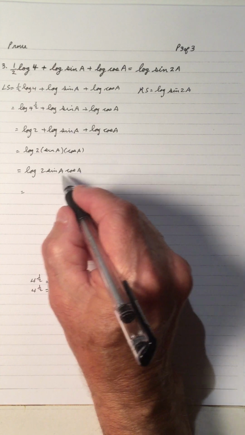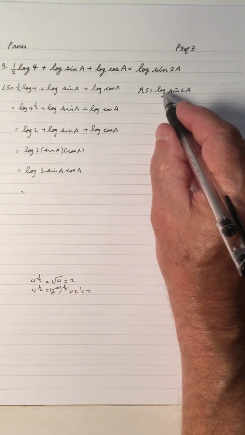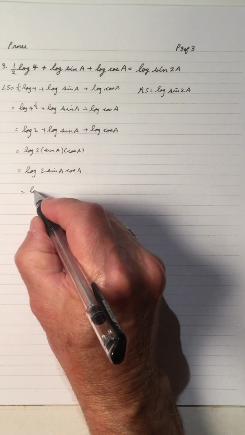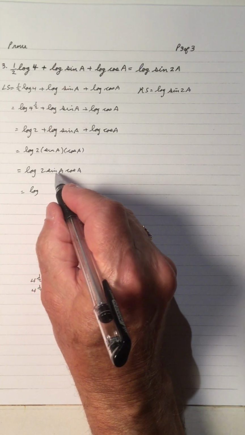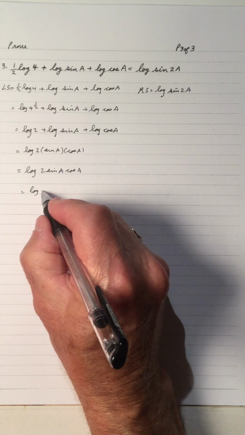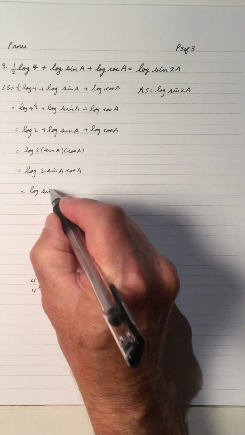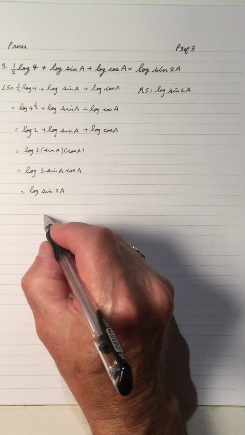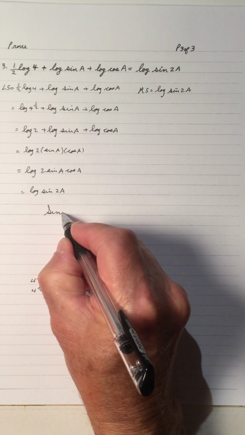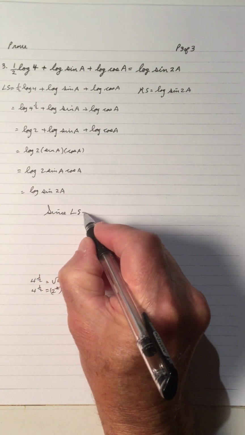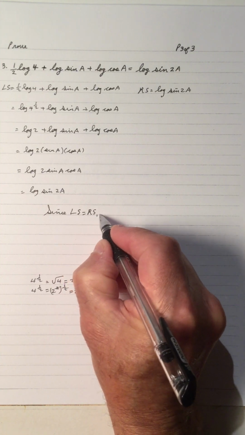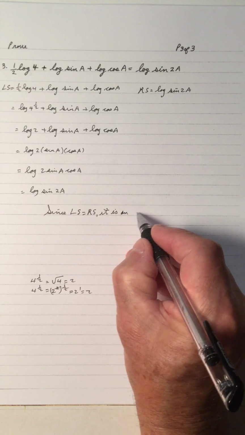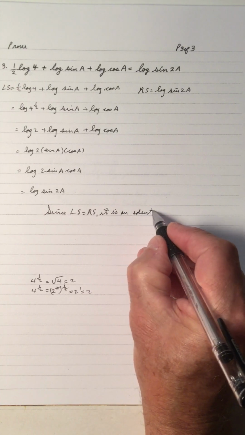And 2 sine A cos A is the same as sine 2A. And again, the left side equals the right side. So since the left side equals the right side, it is an identity.